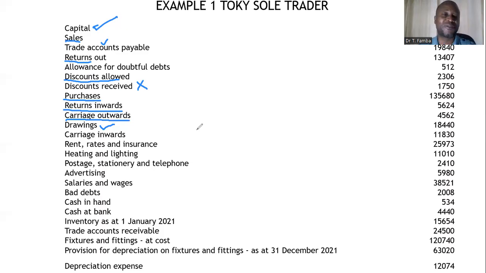So the effect of drawings is that it should reduce the equity of the owner, because we have the capital that the owner has invested, and then we have profit that the owner has made.